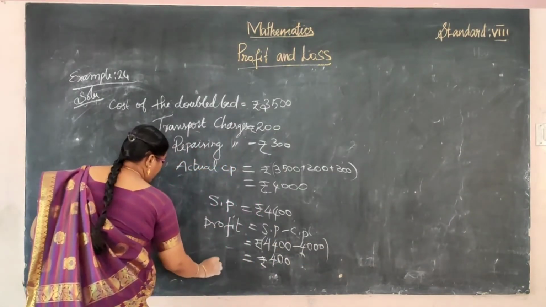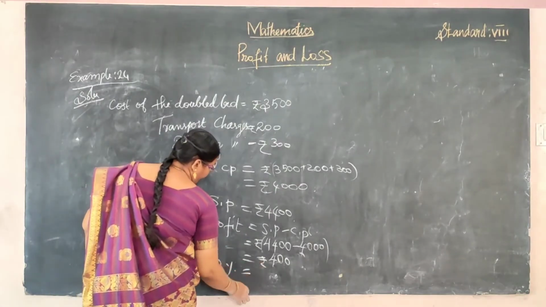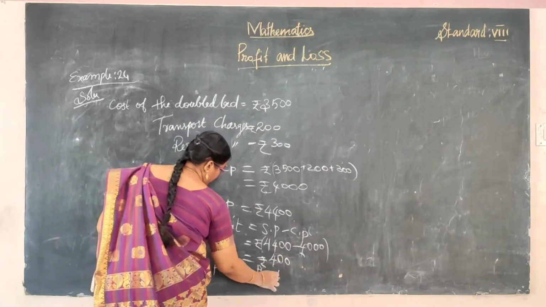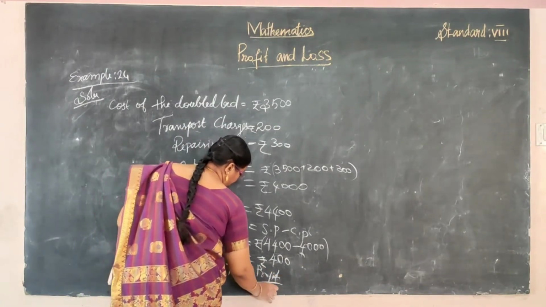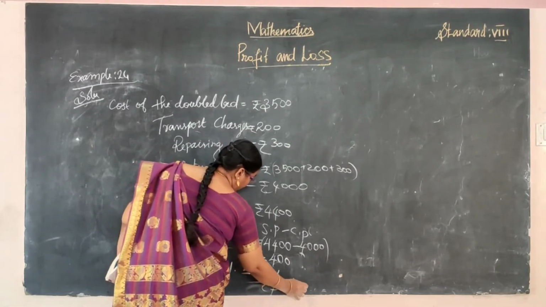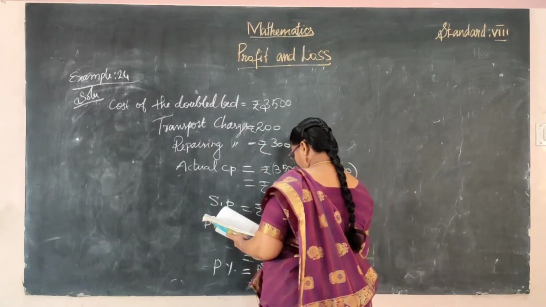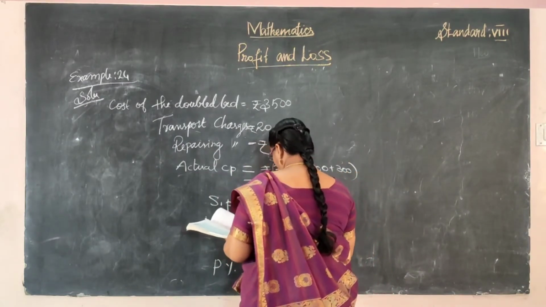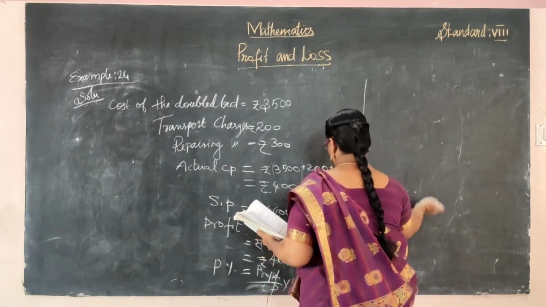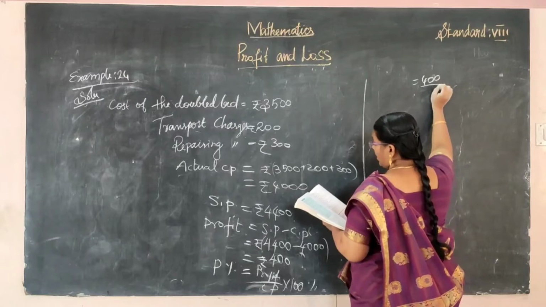So profit percentage is equal to profit by cost price into 100. So 400 by the cost price.